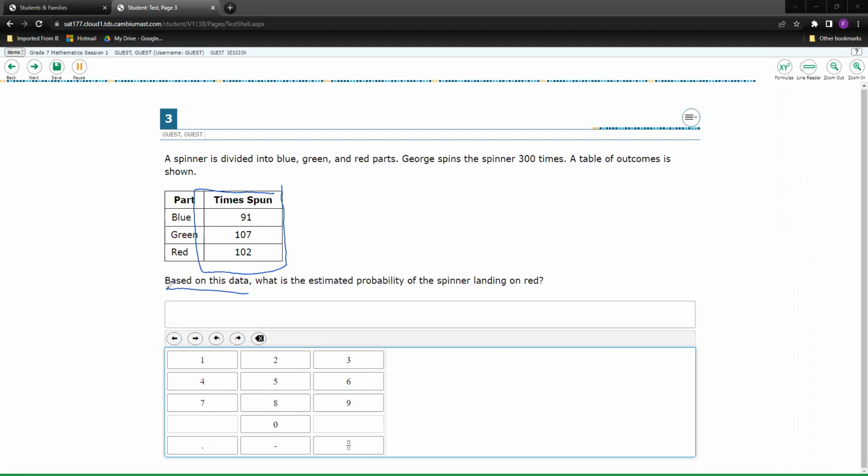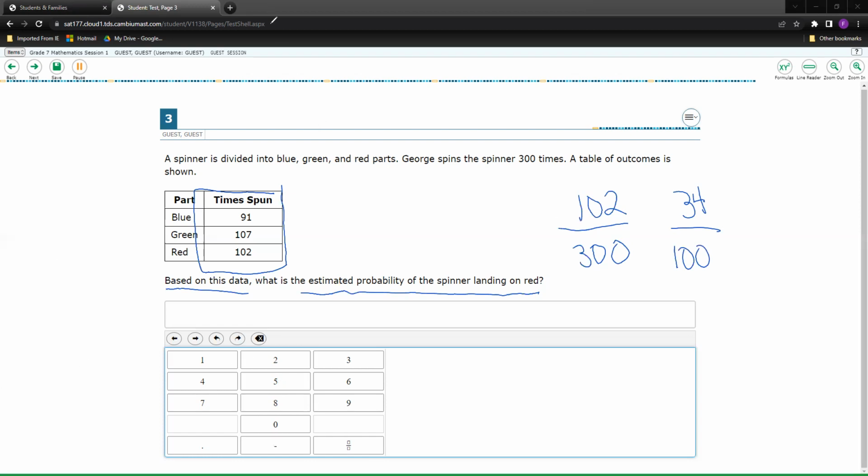What is the estimated probability of a spinner landing on red? It would be 102 possible winning outcomes red out of 300 times. So it's close to the theory of 1 out of 3, but to simplify this, dividing by 3, this is 34 out of 100, or 34%.